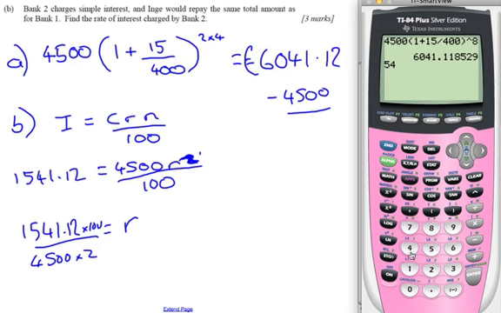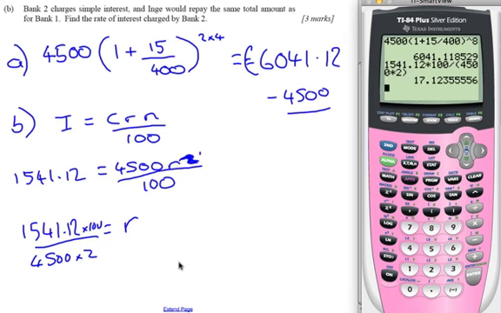So we've got 1541.12, missed the 1,000 there. 1541.12 times 100 divided by, make sure we put brackets here, 4500 times 2.